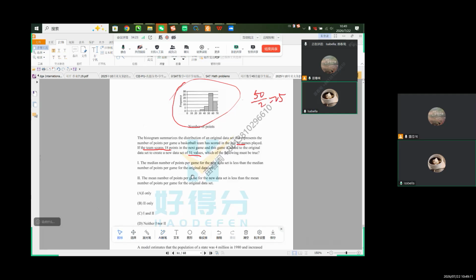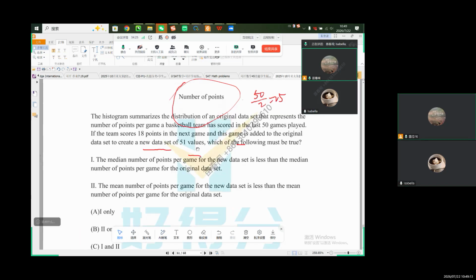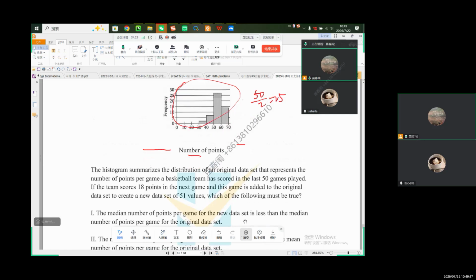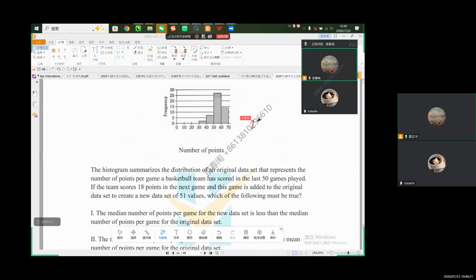If I divide 50 by 2, I have 25, which is an integer, so I have to use 25 and 26. I find the 25th plus the 26th and divide by 2. That's my median. Does that make sense?